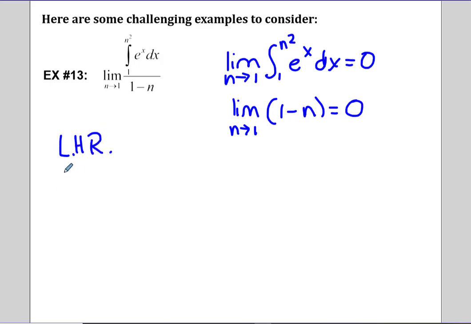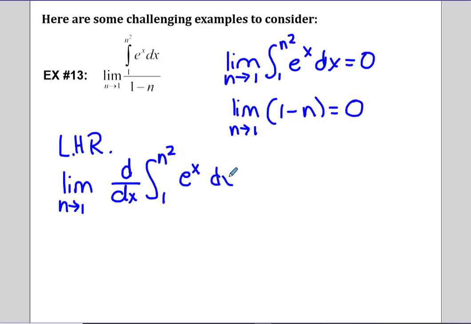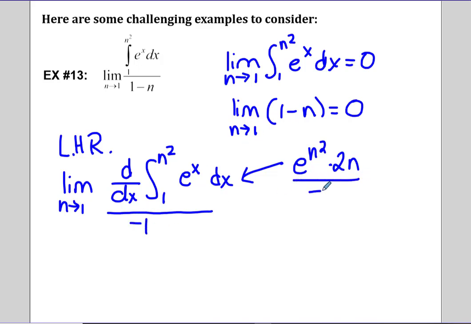We're going to use L'Hopital's rule, taking the limit at 1 for the derivative of our numerator. The derivative of the antiderivative, those cancel. You might remember from the fundamental theorem, this is e to the n squared times the derivative of the upper bound. And then the bottom derivative is going to be negative 1.